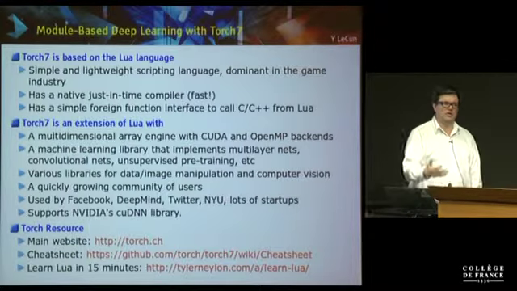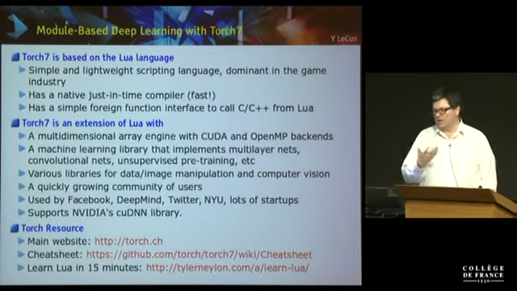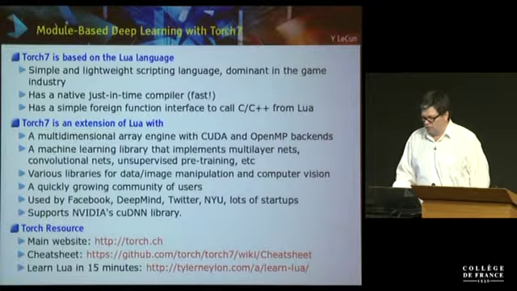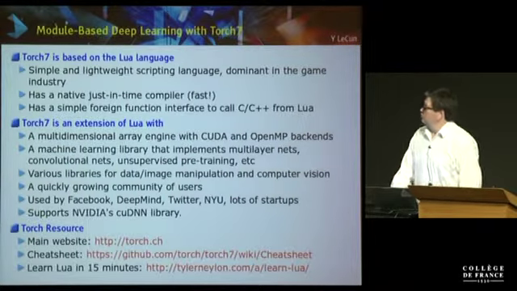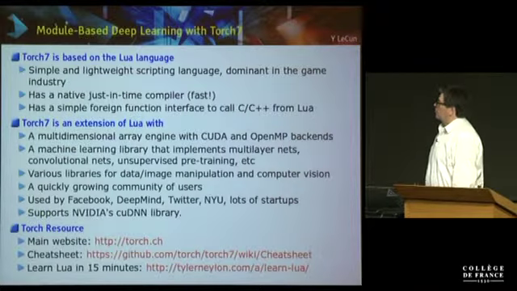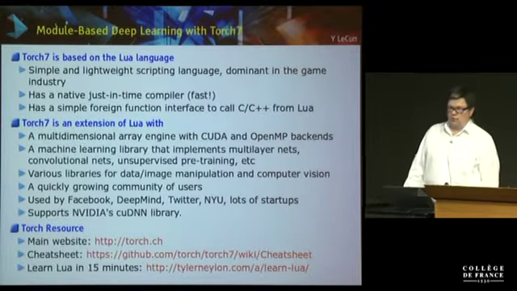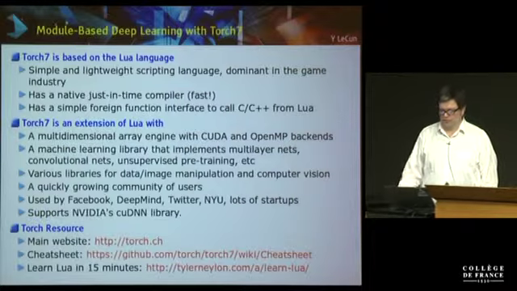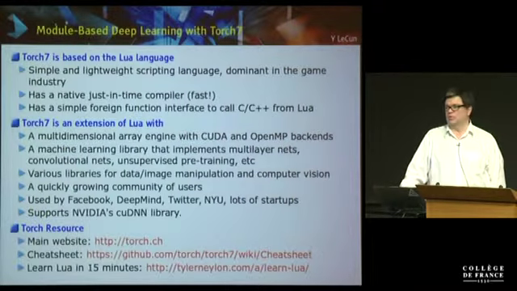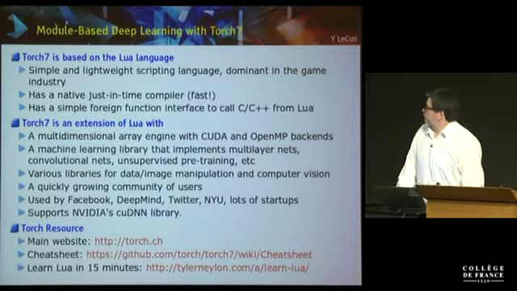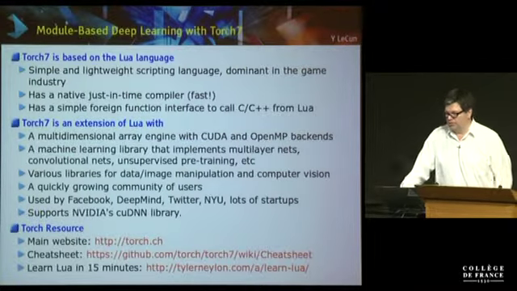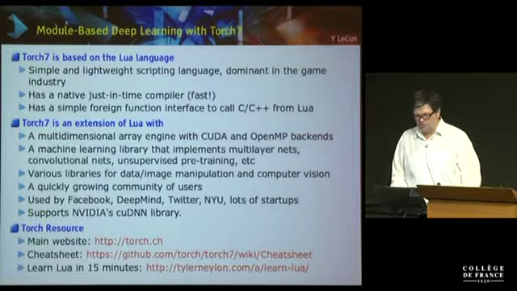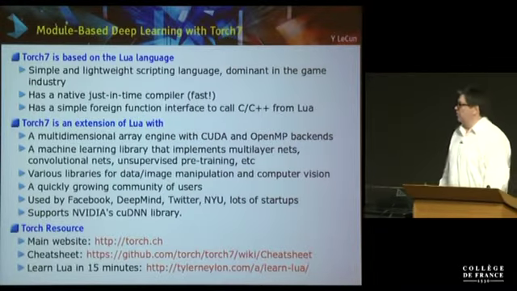Behind it, it uses the best and fastest libraries for neural networks. Some parts are written in C or C++, and it's easy to interface them with Lua. And we have a large library, too, for calculations and for handling, manipulation, and computer vision. And lots of libraries to create convolutional networks, recurrent networks, and things of that sort.